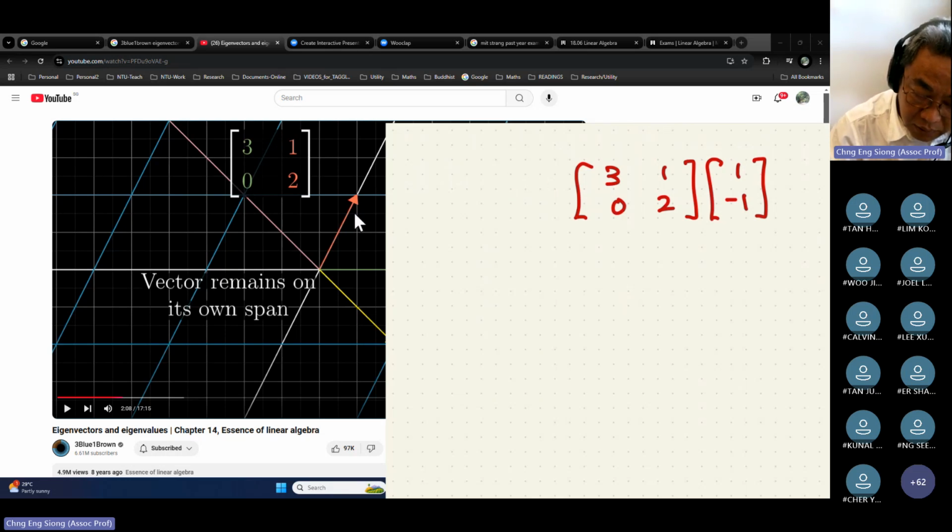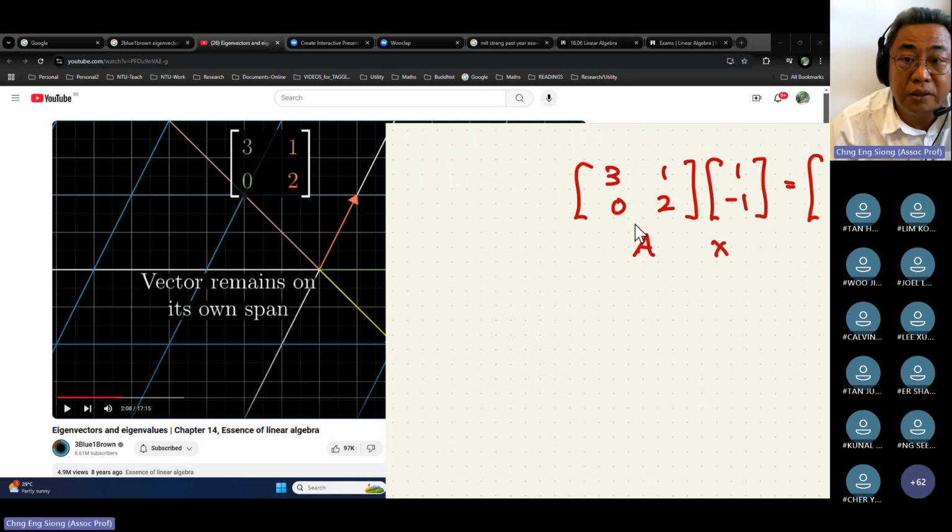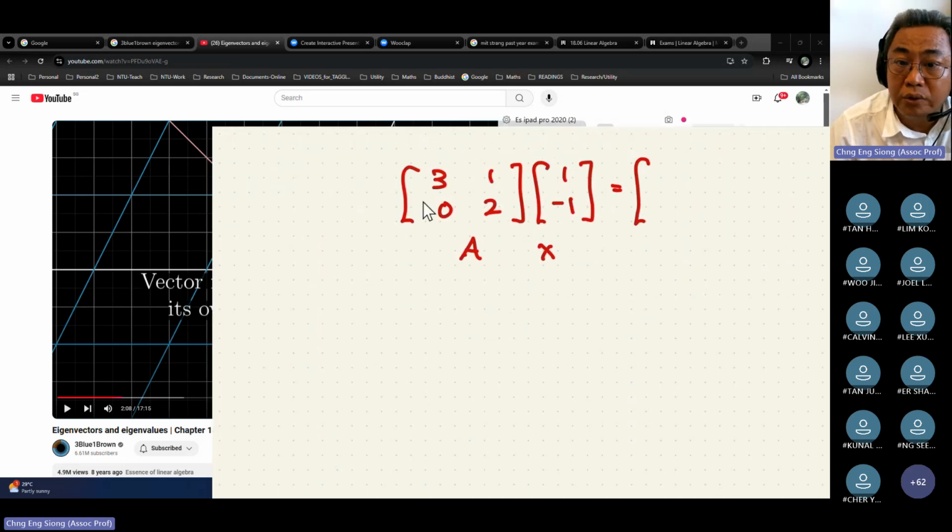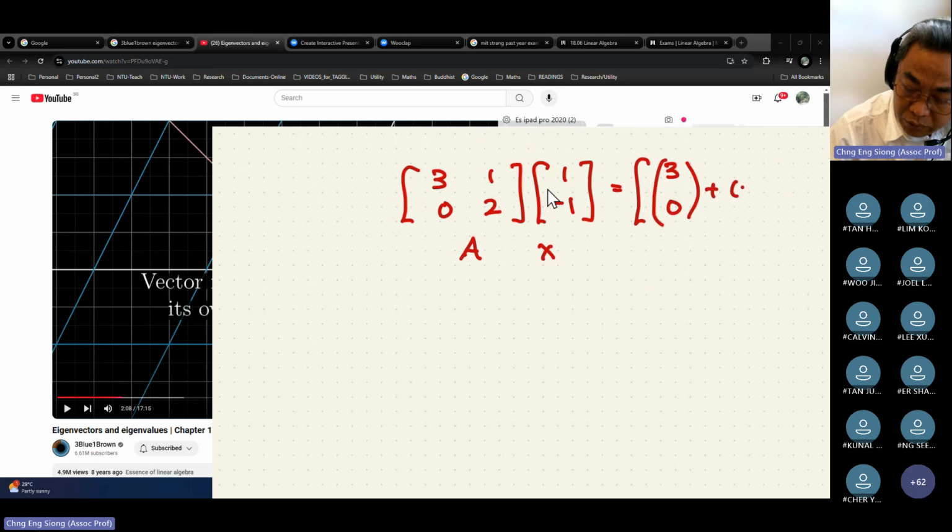So this is AX. And now the output is the first column, 3, 0, plus minus 1 times the second column, 1, 2. This is how I actually think about it.